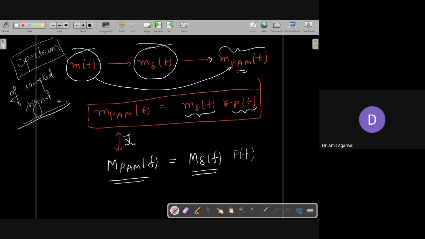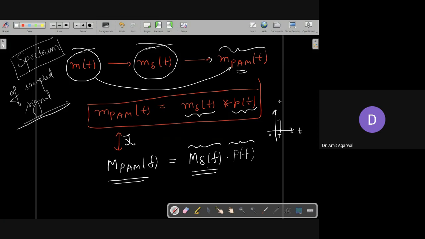Because it will help you when you analyze how the spectrum of this sample signal will look like. So tell me, what will be the Fourier transform of this? Because it is convolution in time domain, it is nothing but multiplication in the frequency domain. So let's first study the Fourier spectra of the ideal sample signal, and it is multiplied by the spectra of the pulse used. Correct?